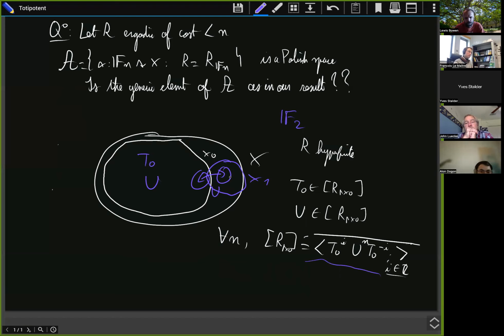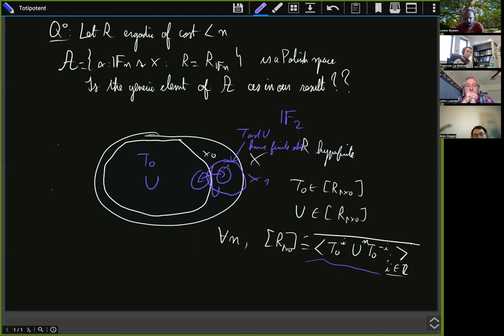And in here, T and U, sorry, this is probably too sketchy, but they have finite orbits. So I extend T0 by making it act on this now new set, disjoint from X0, so that I get a kind of a piece of Schreier graph of some action. And I do this countably many times.